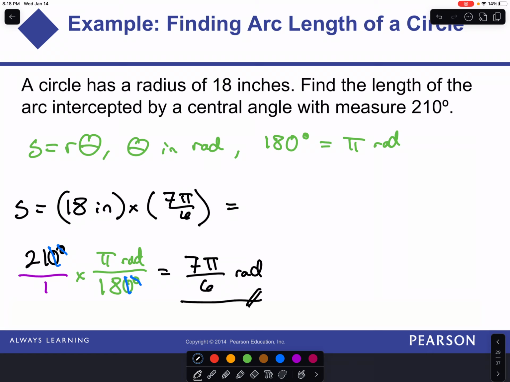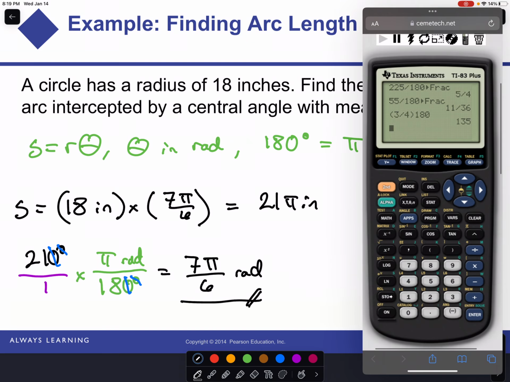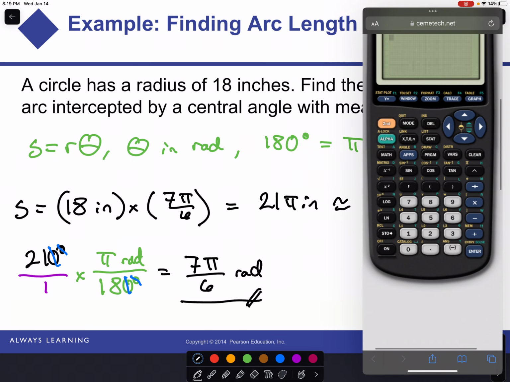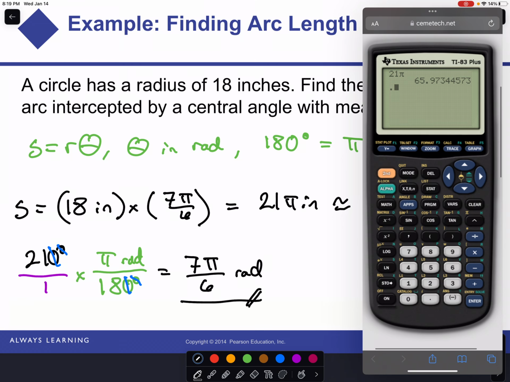Let's see, what is that, a 3? 21 pi inches. About like 34, no, 60, 64. 65.97 inches. We'll say approximately 65.97.